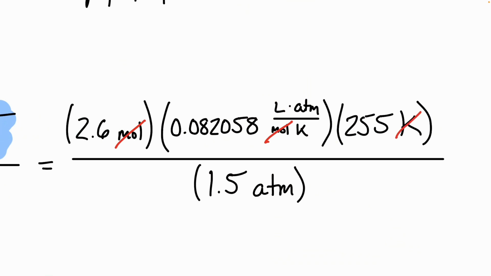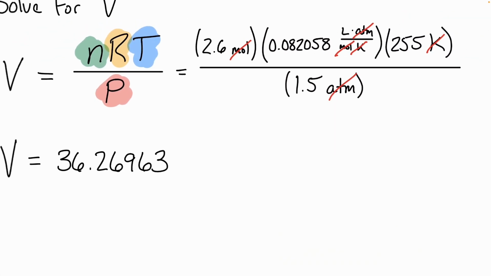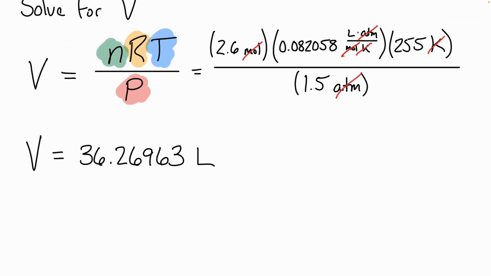I have Kelvin divided by Kelvin from my ideal gas constant. And lastly, atm divided by atm. So now I'm left with units of liters, right? So all of these different variables have different units associated with them. So that's what R is doing there, is help us square away all these different units, leaving us with the units that we want, units of volume.